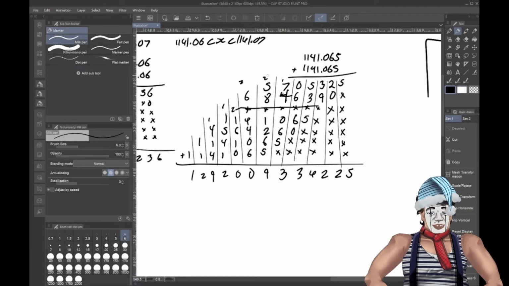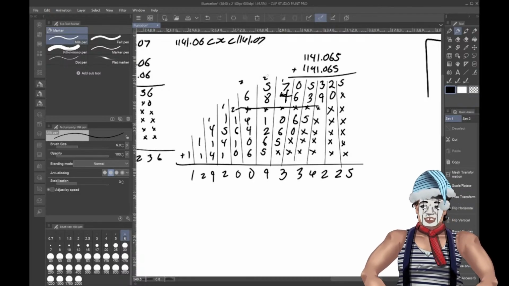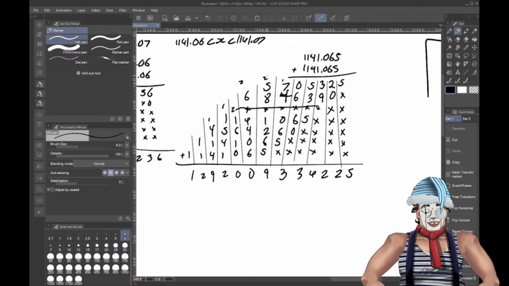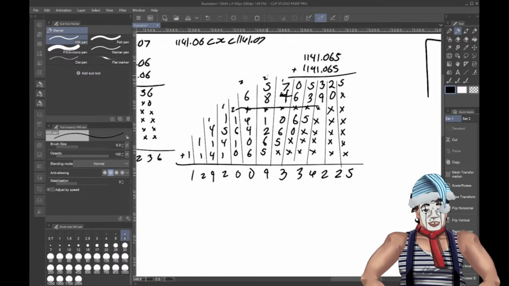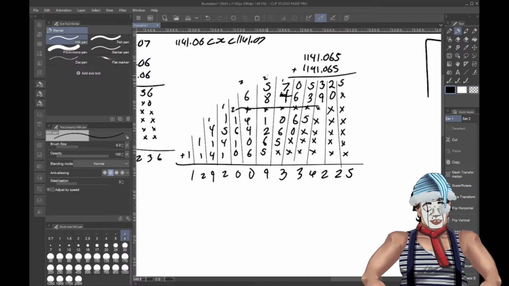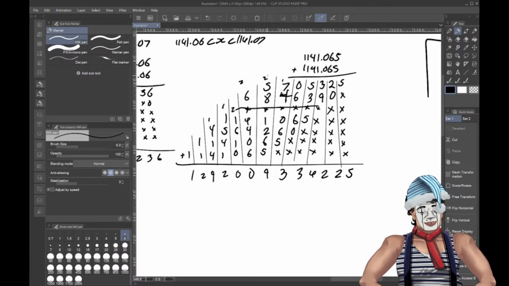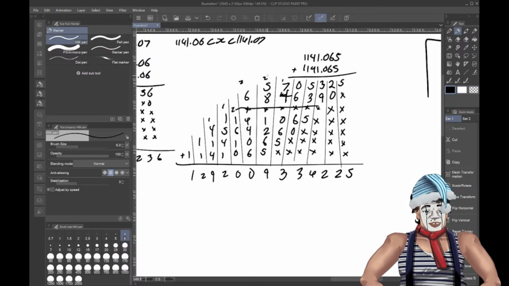Okay. This number squared brings us to 1,302,229, which is about 200 years in the future. But it seems more correct. Let's see where we are with the 7.